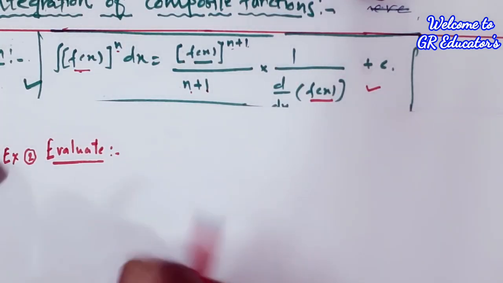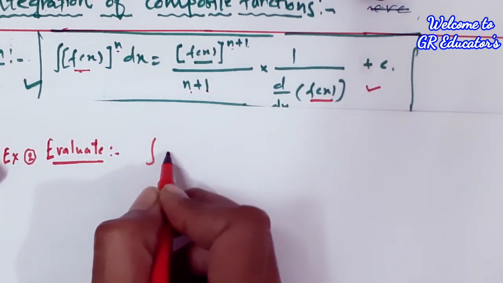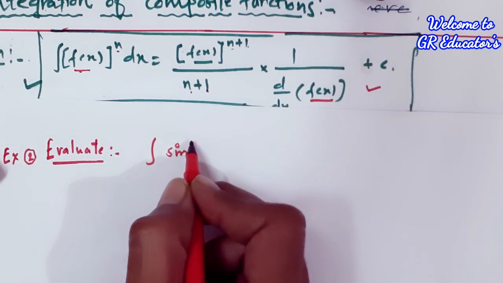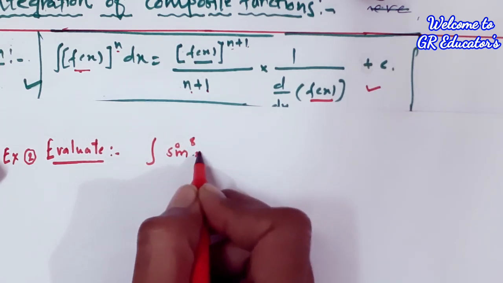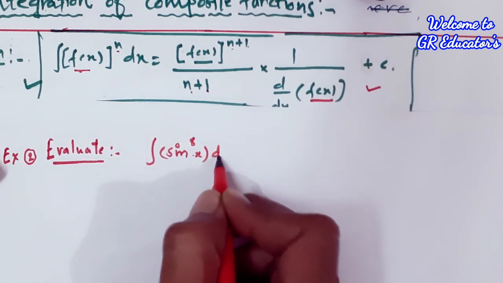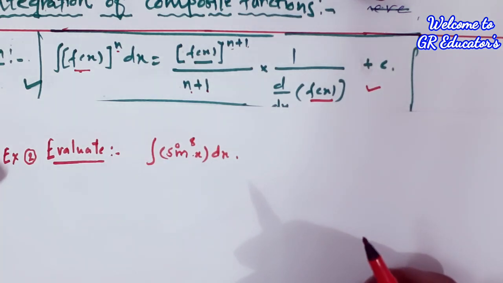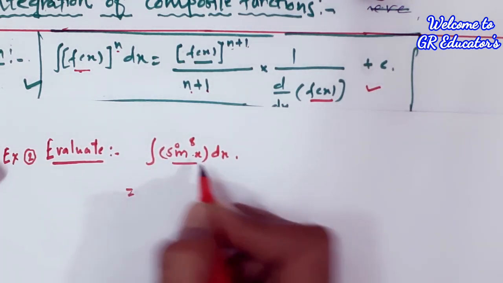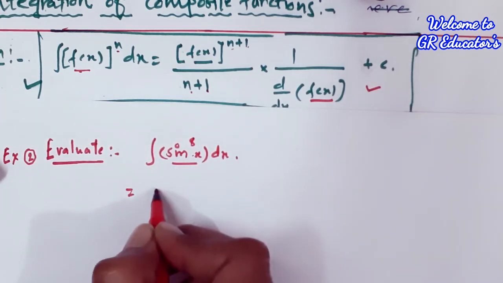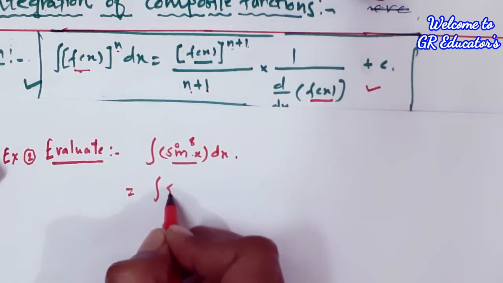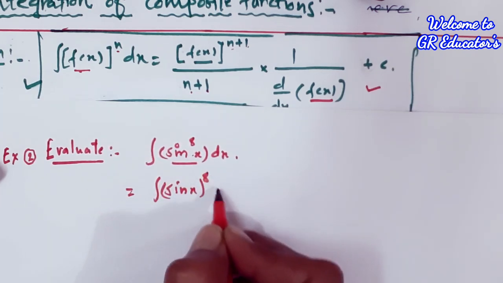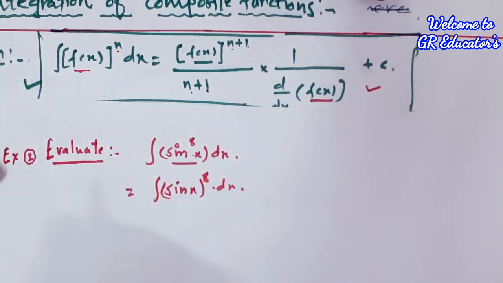Evaluate the integration of sine raised to power 8x dx. As we know the formula, we consider this sine x. Before solving, this term can be written as sine x raised to power 8, both are same.